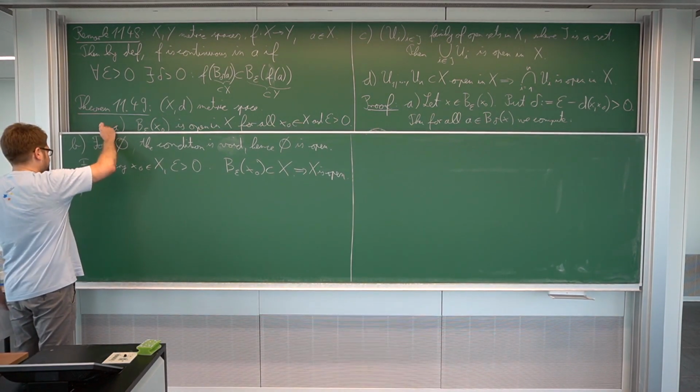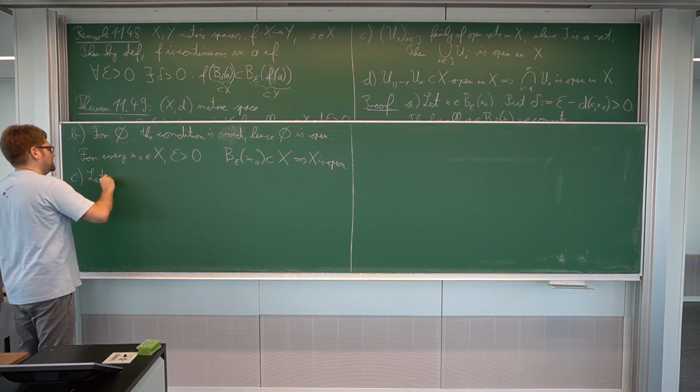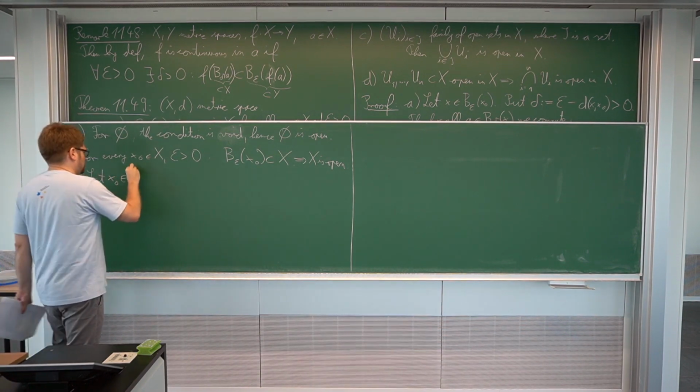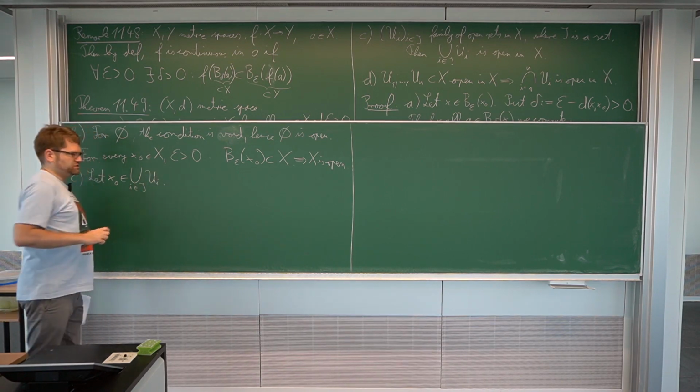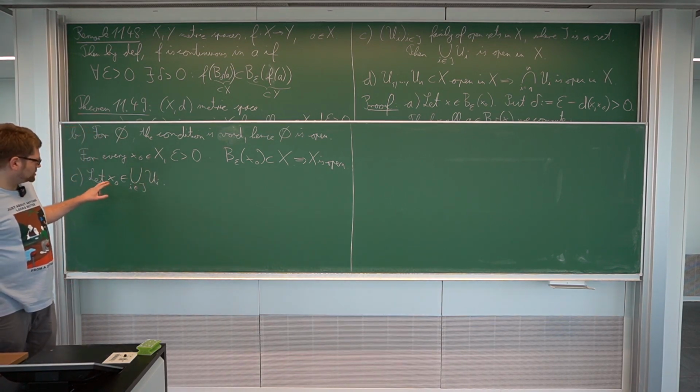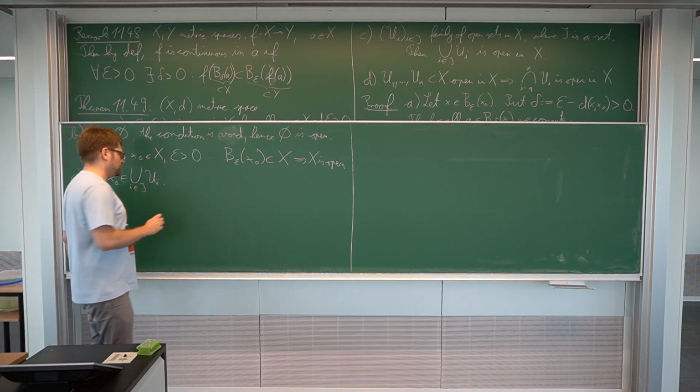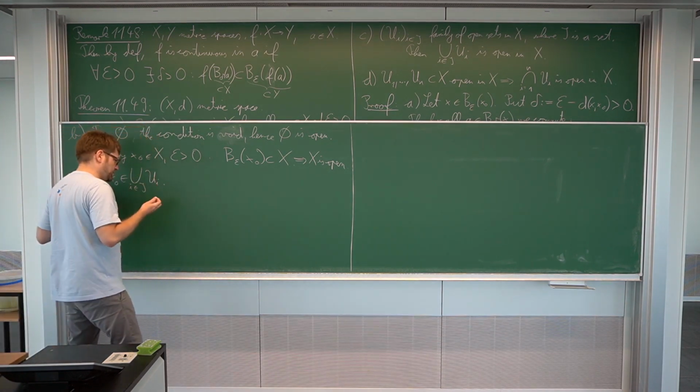So let's take a point in this big union. Let x0 be in the union over i in I of ui. So in particular, we can find some index such that x0 is contained in the set of the corresponding index.